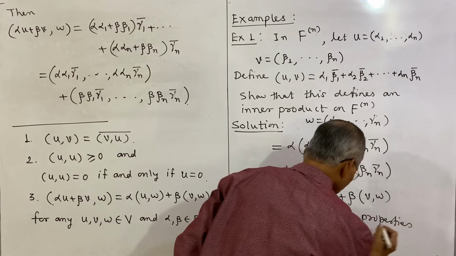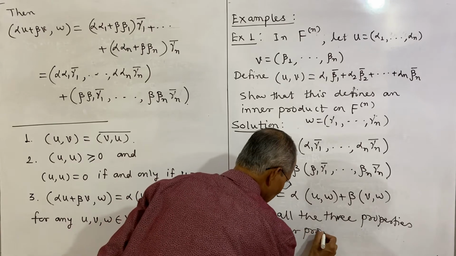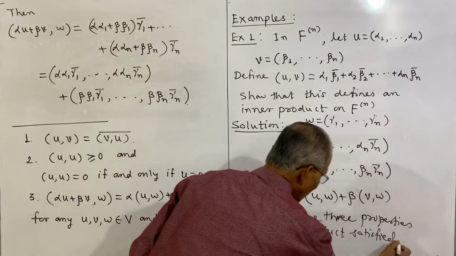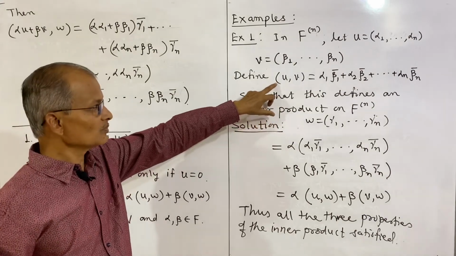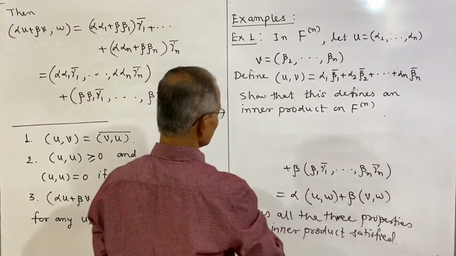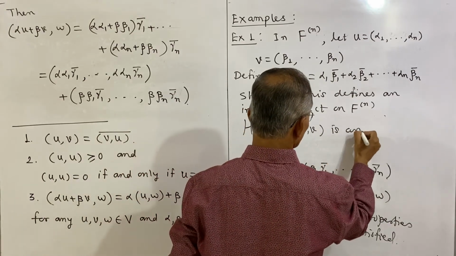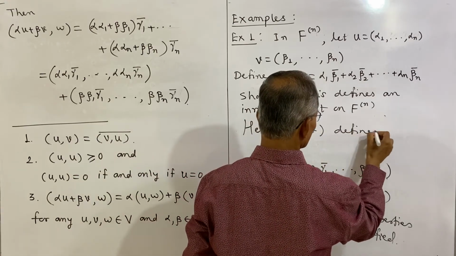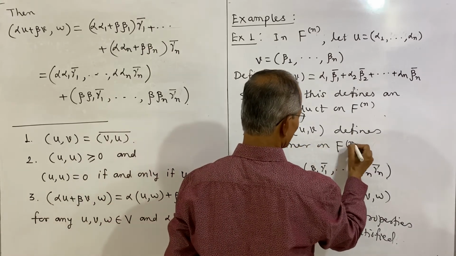So thus all the three properties of the inner product are satisfied, and hence this product defines an inner product on the vector space Fn.